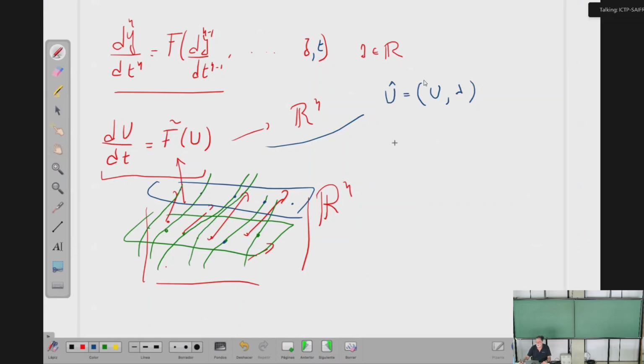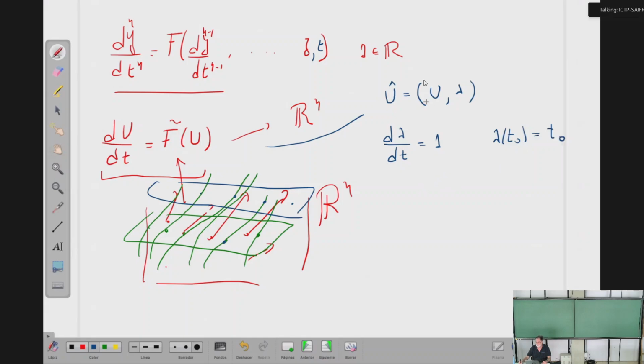You add to this system a new equation, d lambda dt equals 1, with initial condition lambda of t0 equals t0.